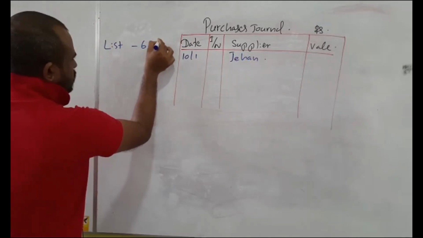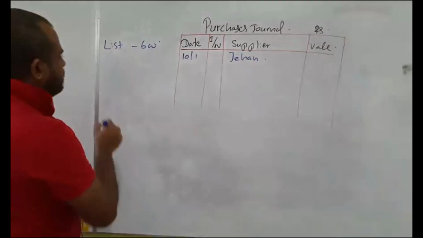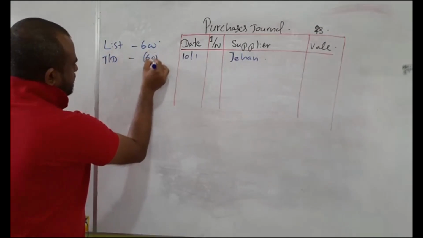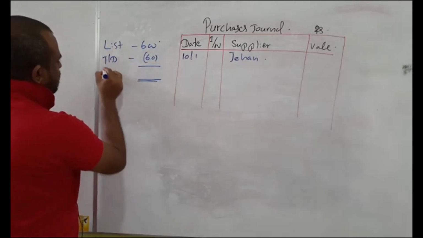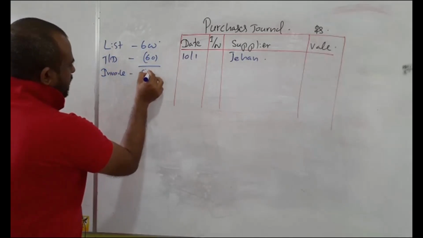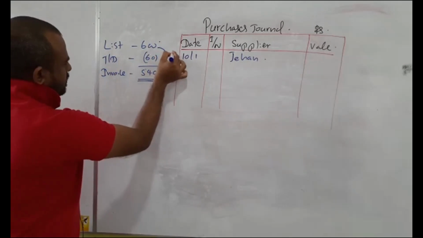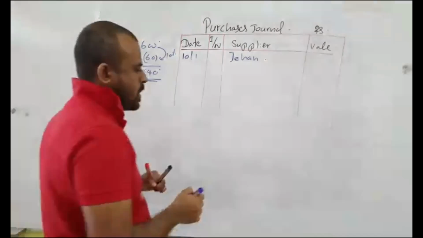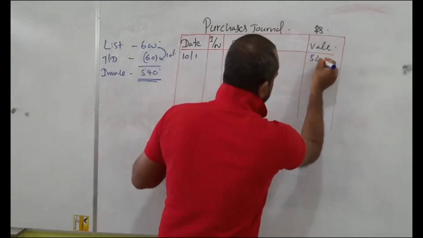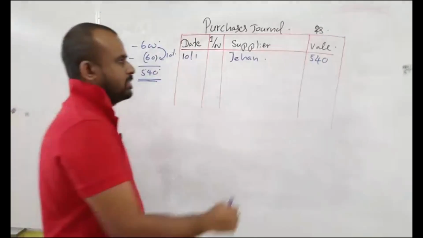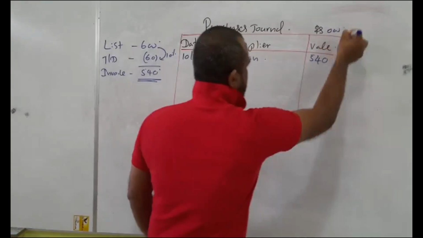So the list price is rupees 600,000, and you are giving the trade discount of 10%, that is 60. Then how much will be the invoice price? Invoice price is how much? That is 540. And purchases journal should be updated with the invoice price. Can I do this question in rupees 1000, rupees 540?